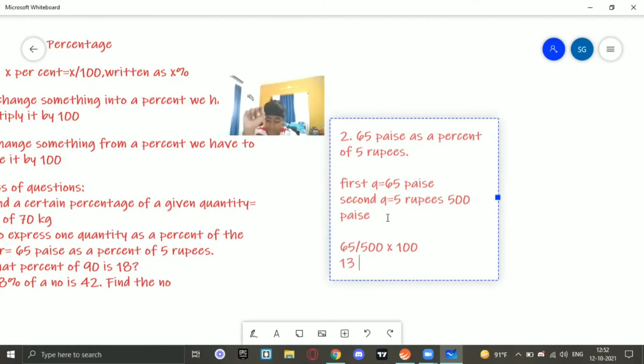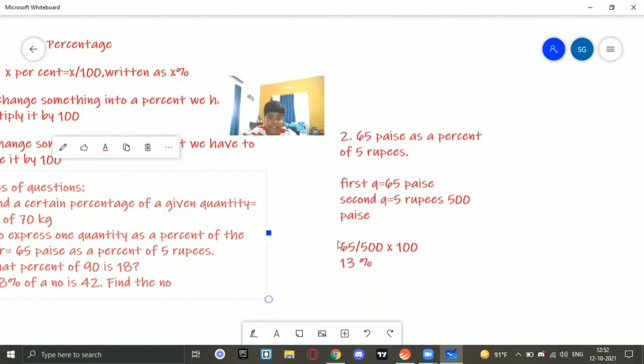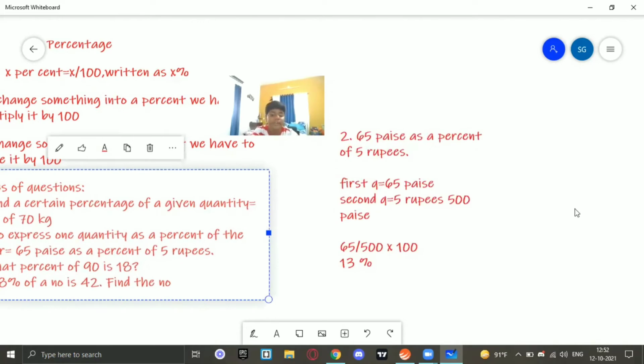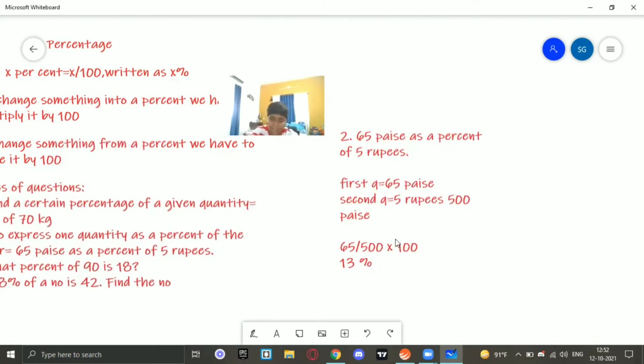And this time it will be 13 percent, because you're supposed to find the percent. All right. So if you got the same answer, congratulations, you are going pretty well. If not, then you can pause it, go back, and learn the process again. And if you still have any doubts, you can tell me in the comment section below.